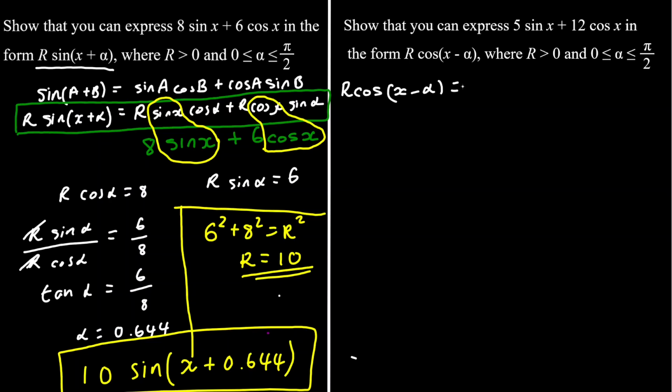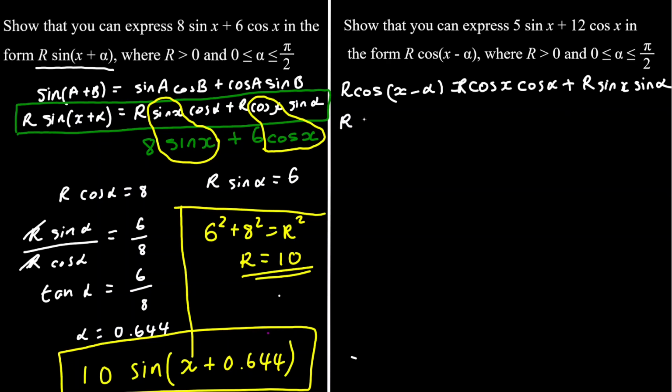So cos A minus B is cos A cos B plus sin A sin B. So r times cos x cos alpha plus sin x sin alpha. So it's just our addition formula, but with A changed to x, B changed to alpha, and multiplied through by r.